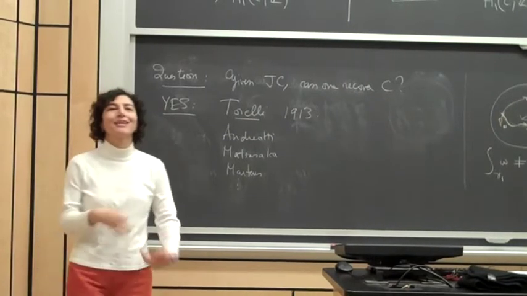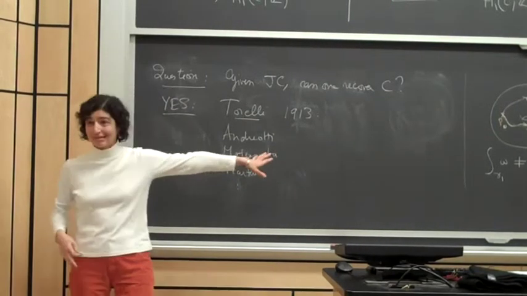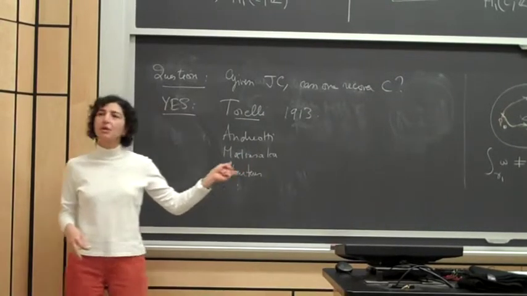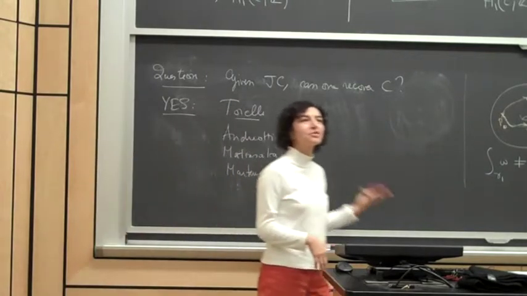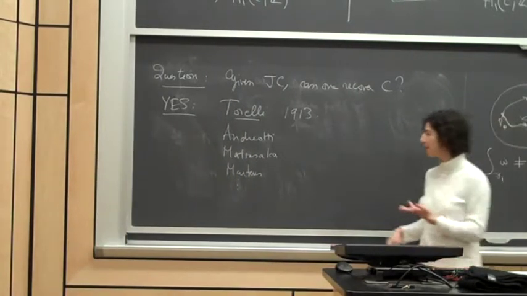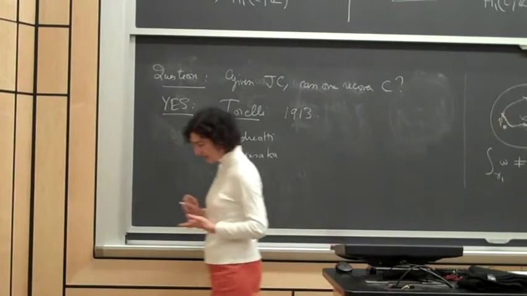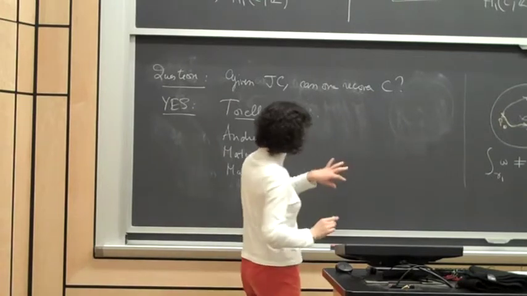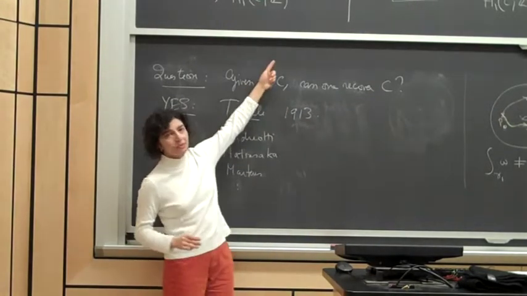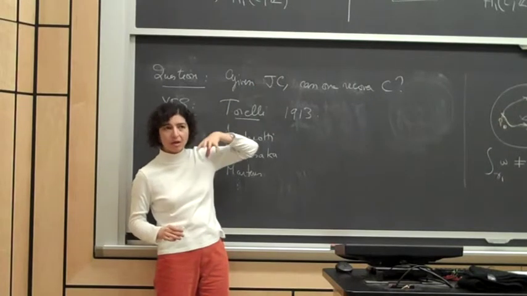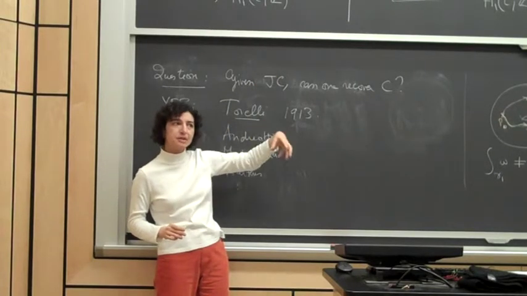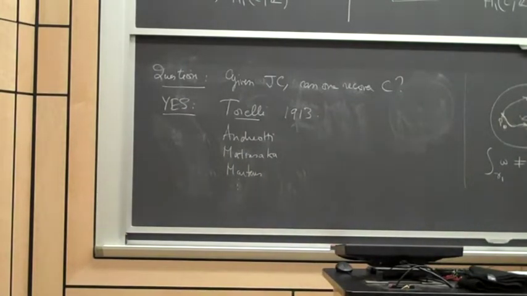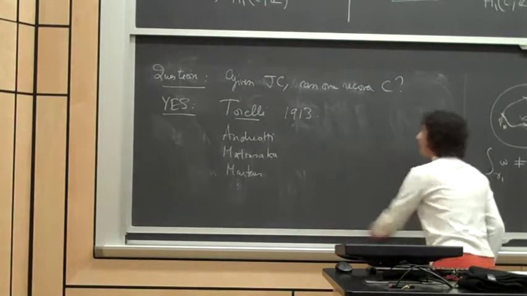There are many different proofs of this in the literature, and each of those proofs is interesting in its own way, because each of them exploits some other geometric aspect of the Jacobian. Some of them are longer, some of them are shorter. One thing I should mention: the Jacobian comes with some extra information, which is its polarization, and you actually need the polarization. I don't want to get into that too much, but anyway. Okay.